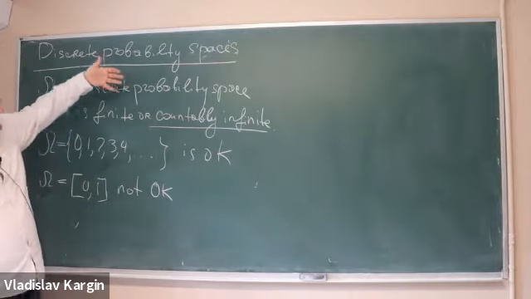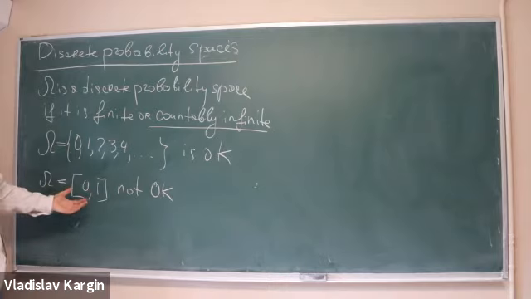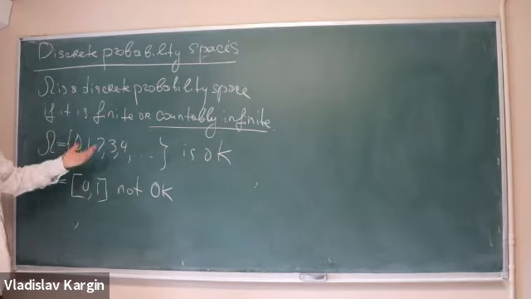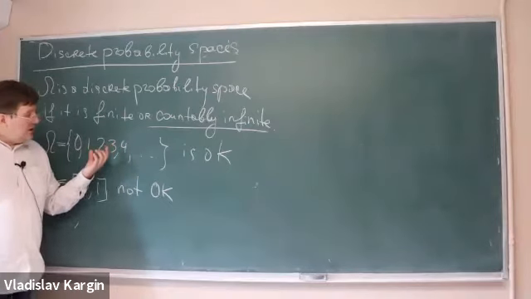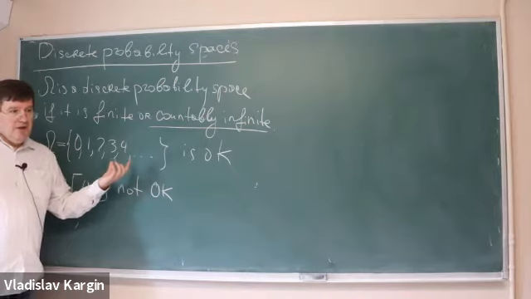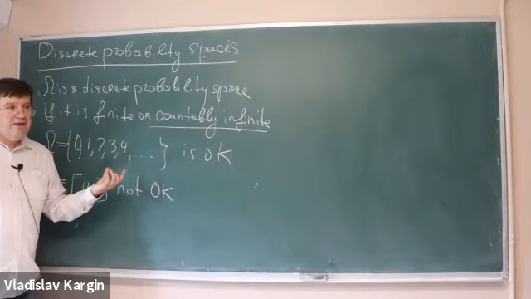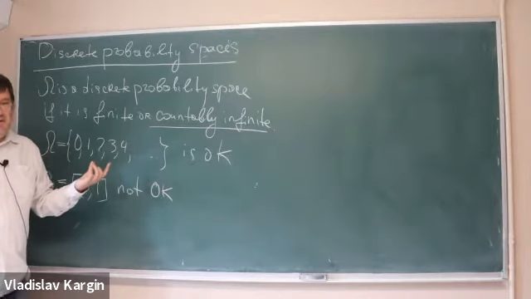And there is a big difference between these discrete probability spaces and continuous probability spaces, just because we can write down sums over countable elements. So we can say, let's sum the probabilities of all outcomes, and this is a valid thing.